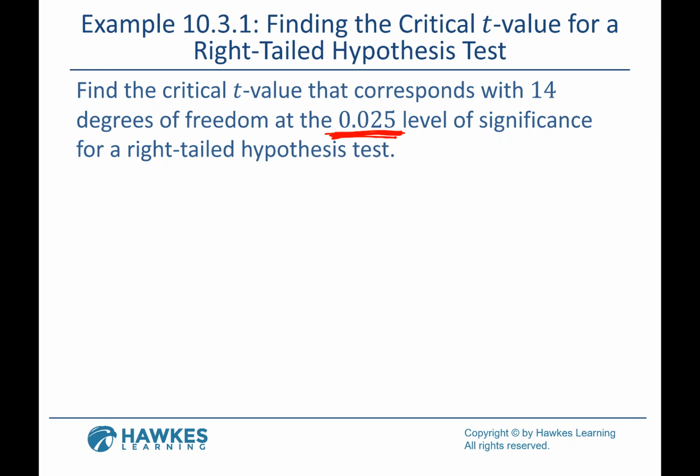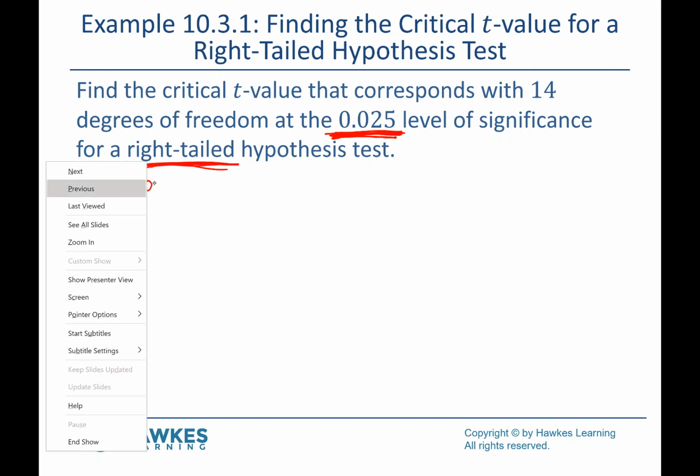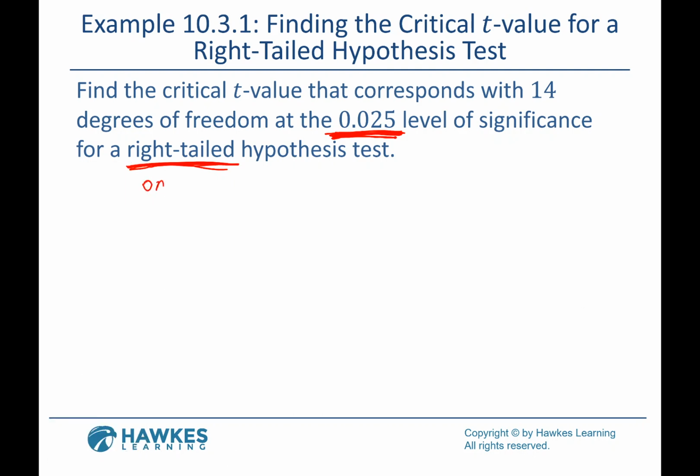And where do we want that area of 0.025 to be? We look at what type of hypothesis test we're doing. We're doing a right-tailed hypothesis test, so we want our area to be in one tail. And we want it to be on the right side, so our critical t is going to be positive. So let's look at table C. We want 14 degrees of freedom.